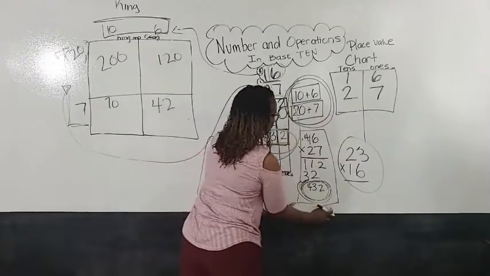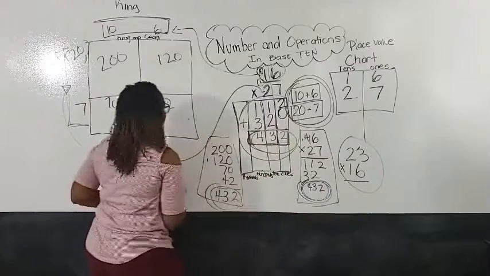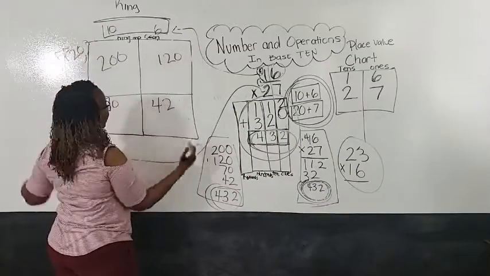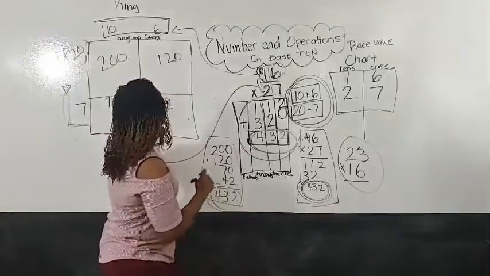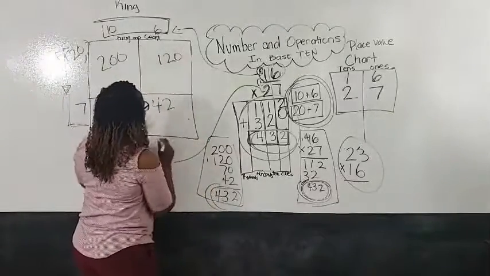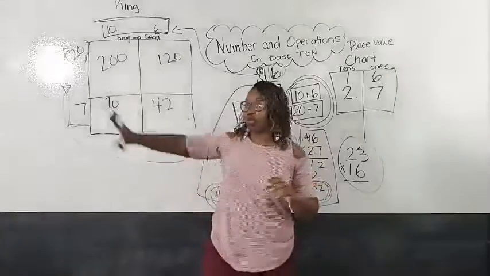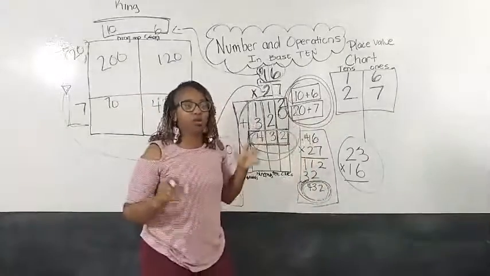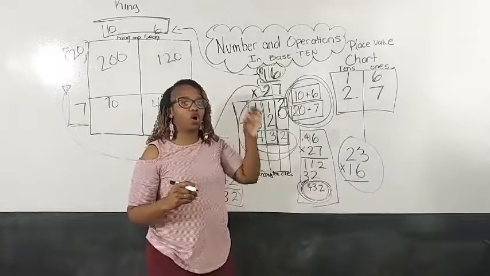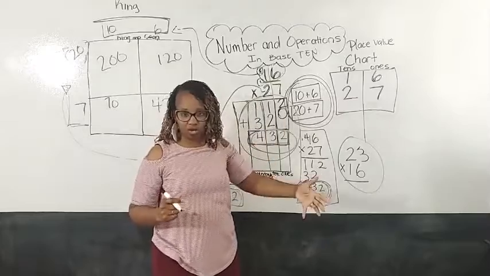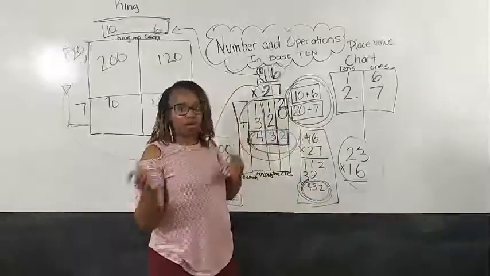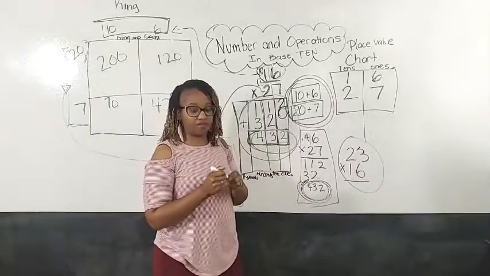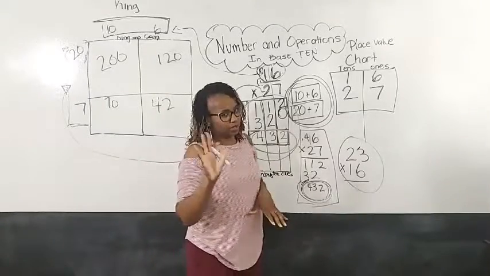You can do it the standard way here, but then eventually you want to work inside of, some people call it the FOIL method when you do it this way, but you want to make sure that you're in a position to break it apart and work on it that way, and also to work on it in what we call an array model sometimes. And I can show you what the array model would look like on a different video, okay? Because that one is a little bit longer.